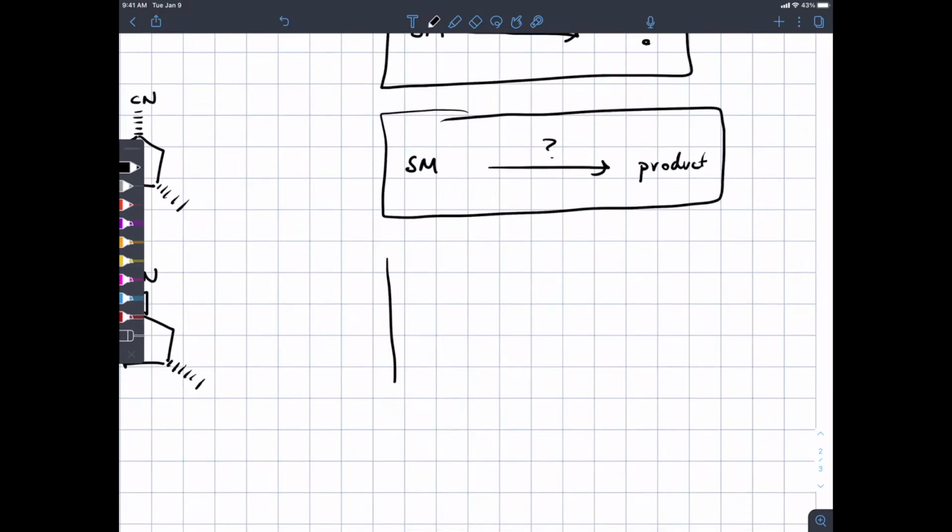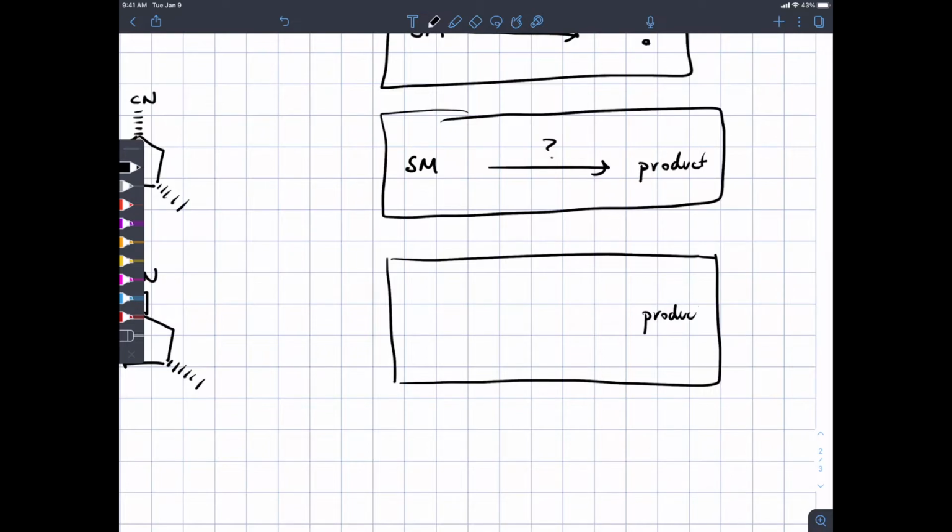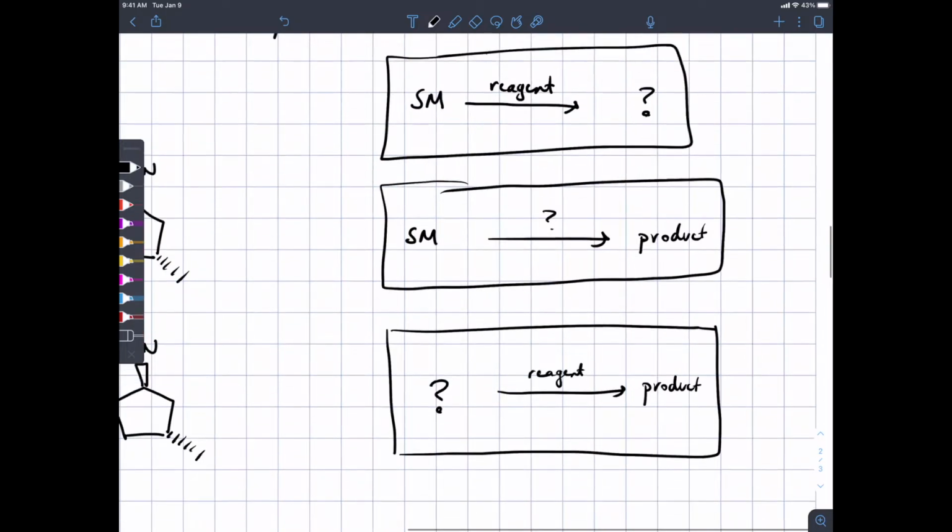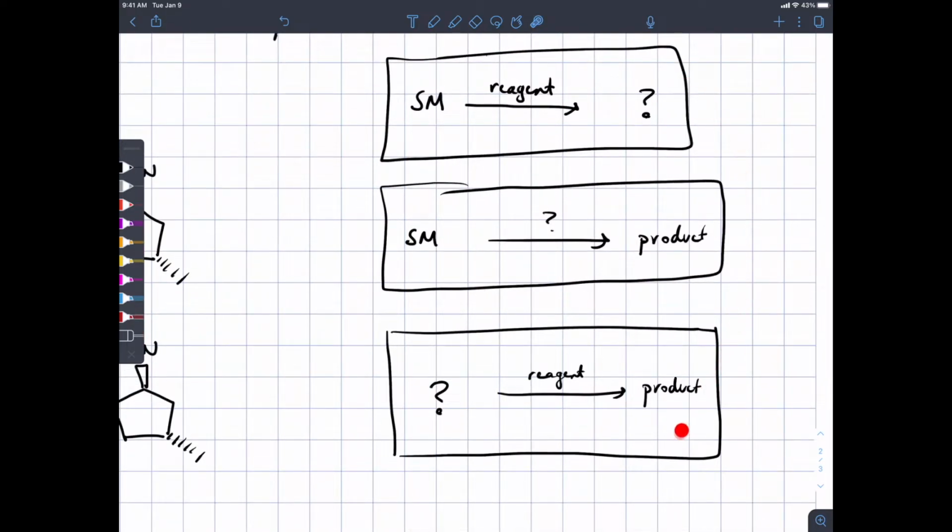And then product and reagent, but think backwards to what the starting material would have been. That's thinking of the reactions in 3 different ways, right? Forwards, reverse, and then sort of in the middle, what was the reagent?